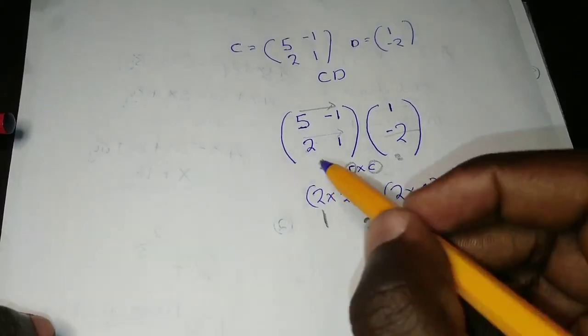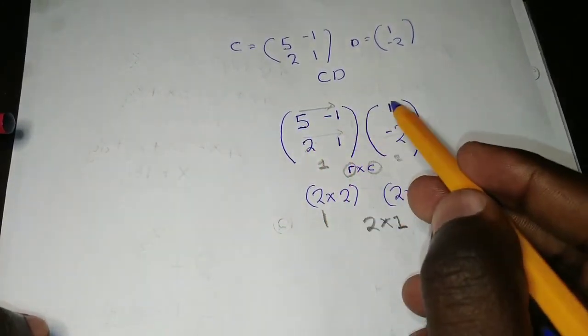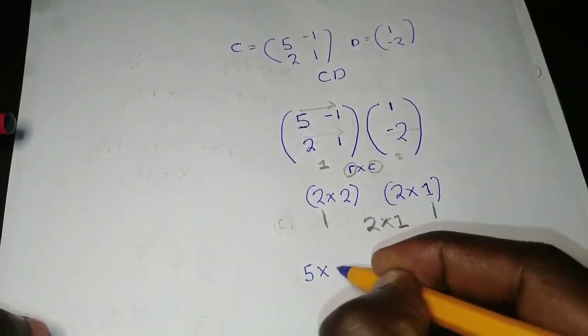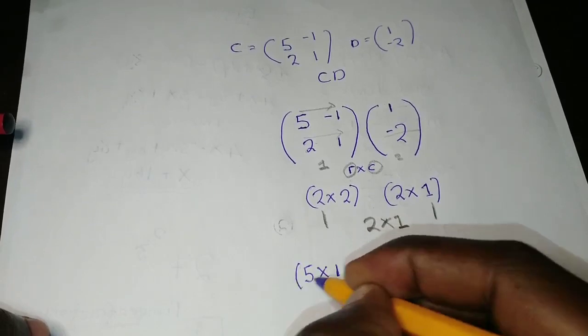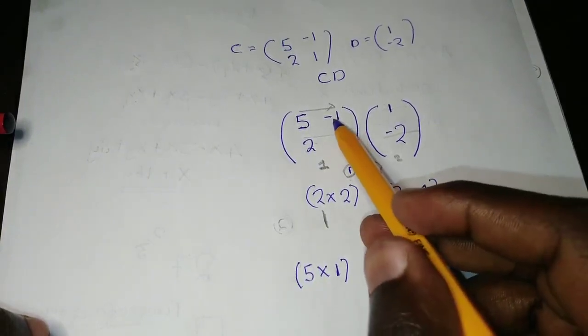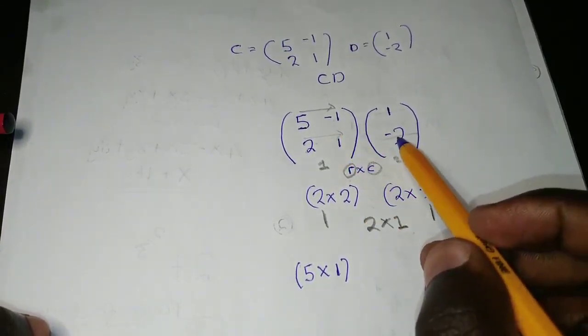So we're going to multiply 5 times 1, put it in the brackets. Then negative 1 times negative 2.